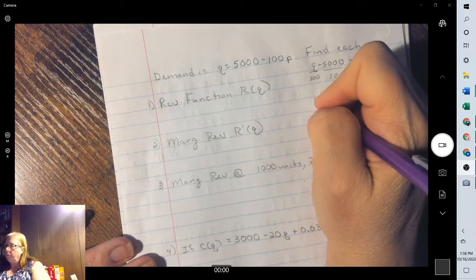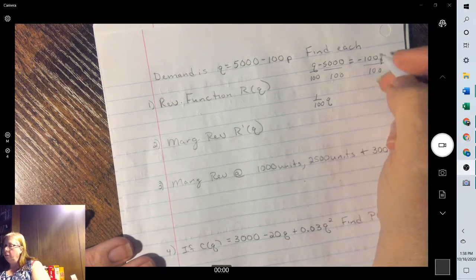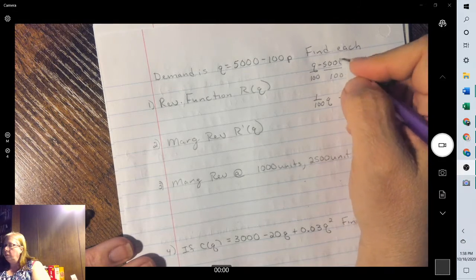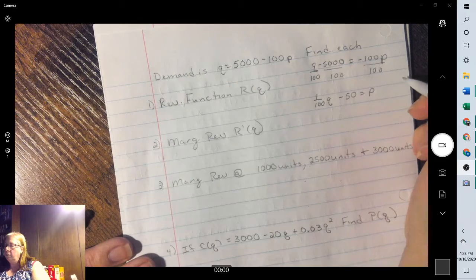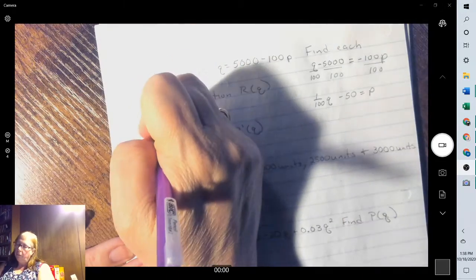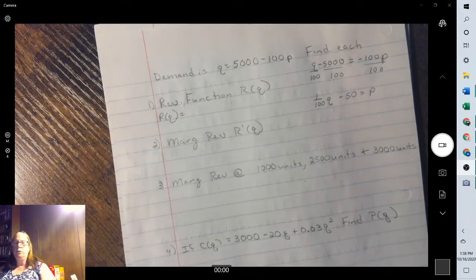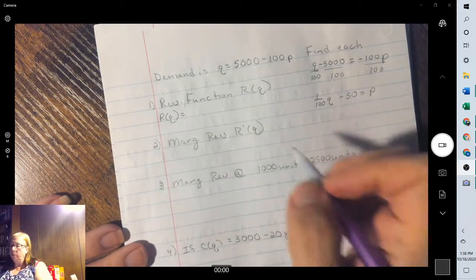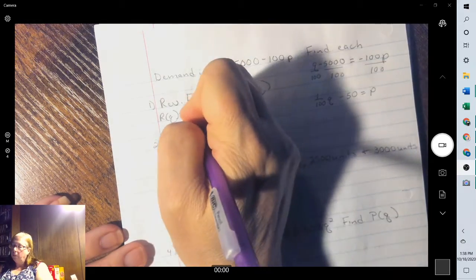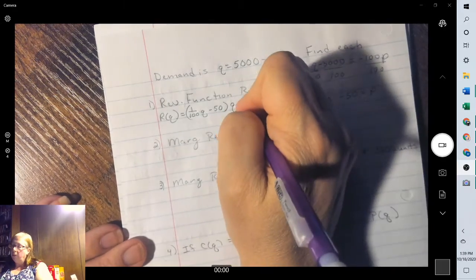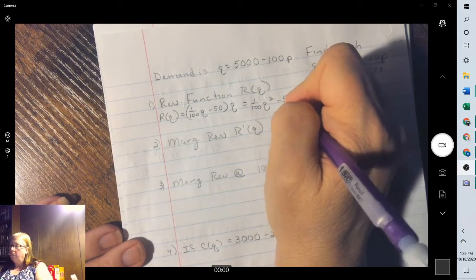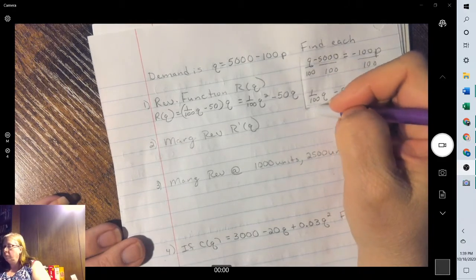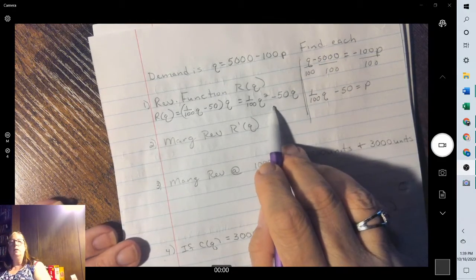So we have 1 over 100Q minus 50 equals P. So R of Q, remember it's your price times your quantity, or Q. So we take this times Q, which gives us this for our revenue.